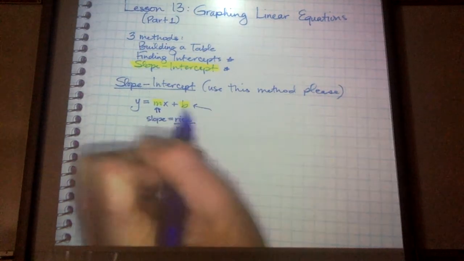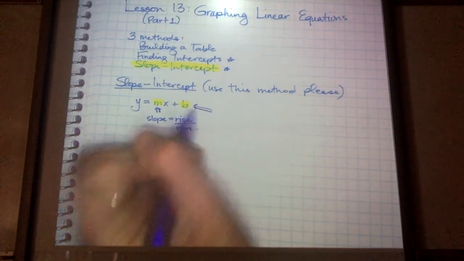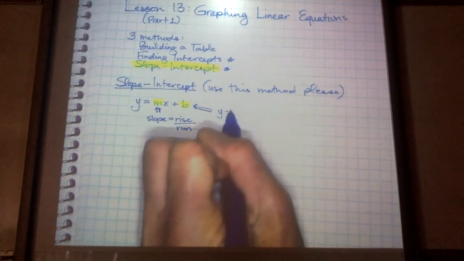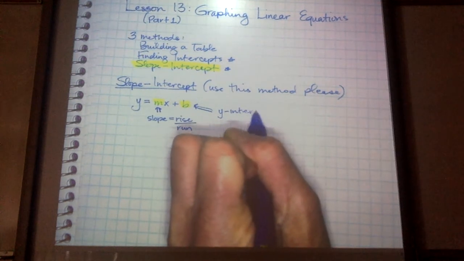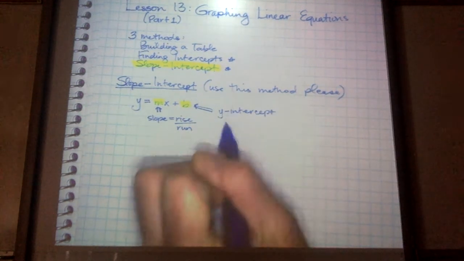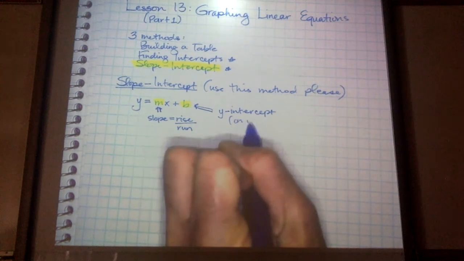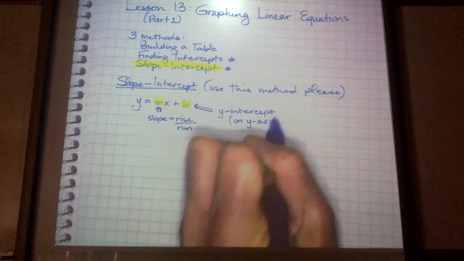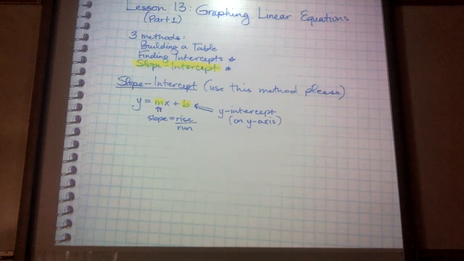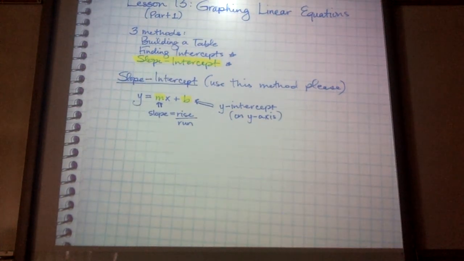B represents our y-intercept. Now, please, a y-intercept means it's on the y-axis. Do not put your y-intercept on your x-axis. Just silly, silly, silly.